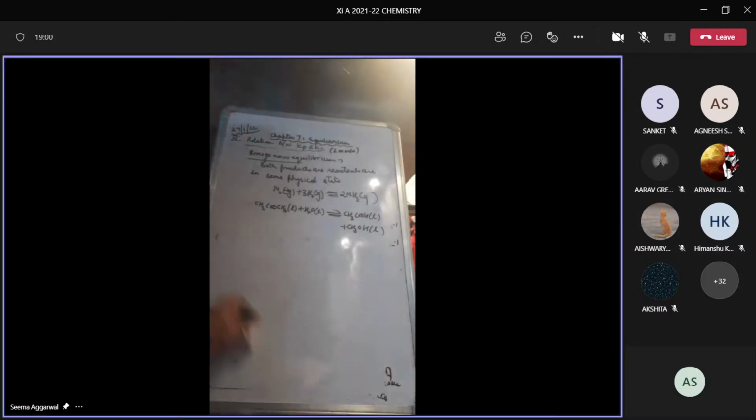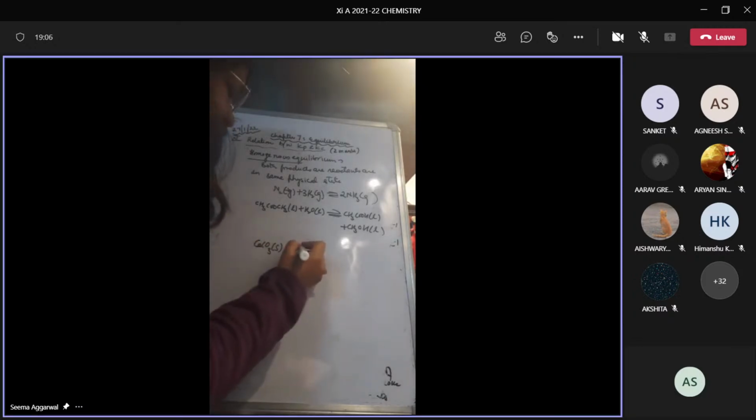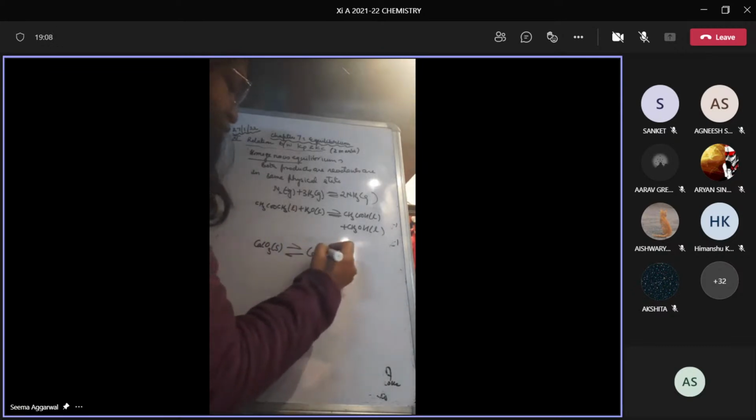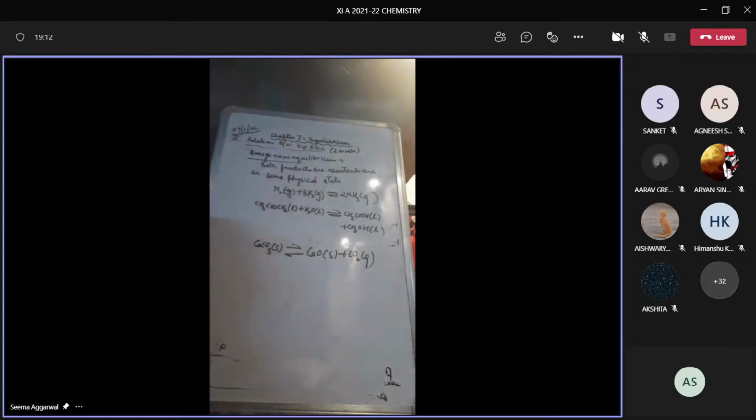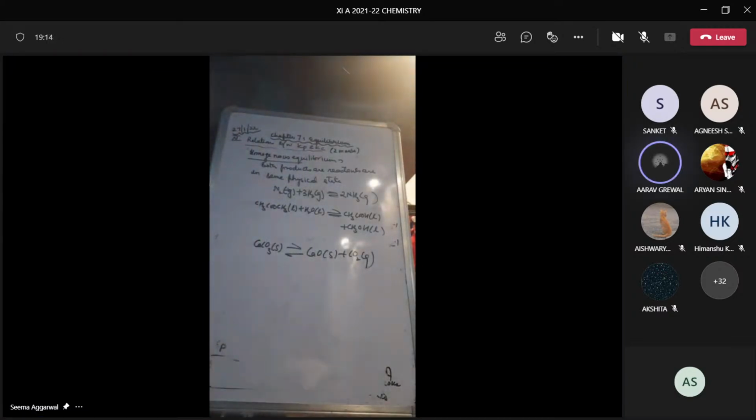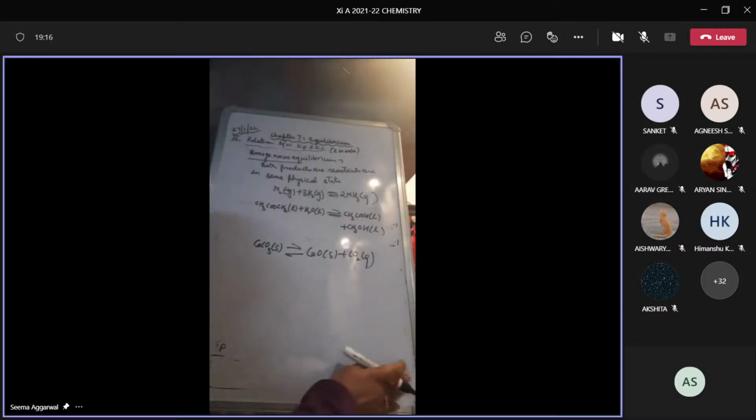Okay. Now, if I am taking this reaction, calcium carbonate solid is in equilibrium with calcium oxide solid plus carbon dioxide gas. Is it a homogeneous? Ma'am, it is heterogeneous. No. It is a heterogeneous.